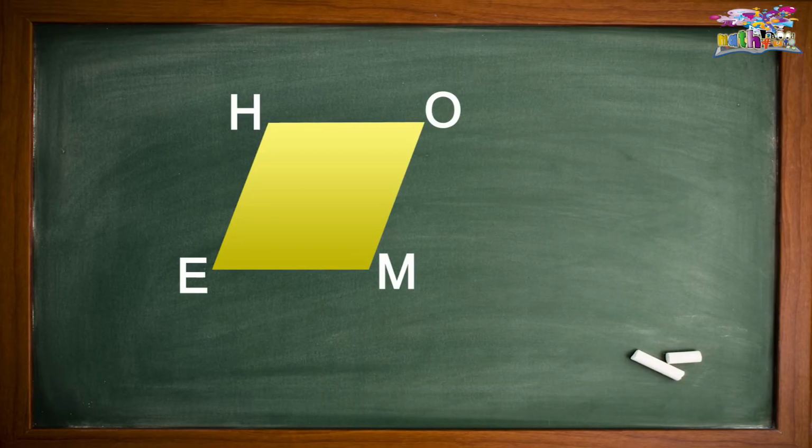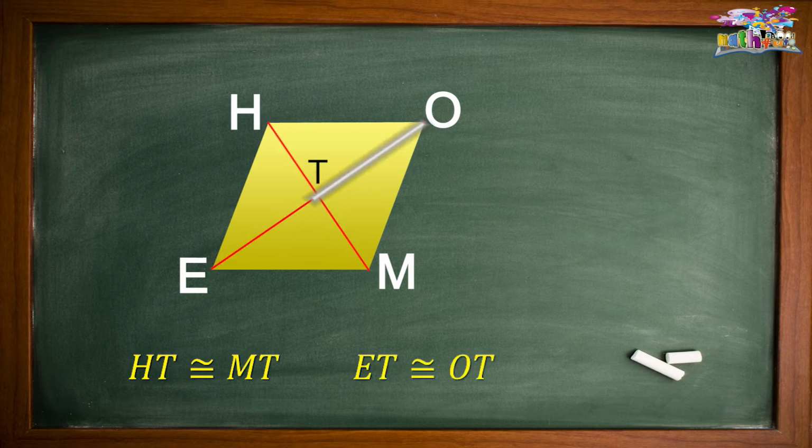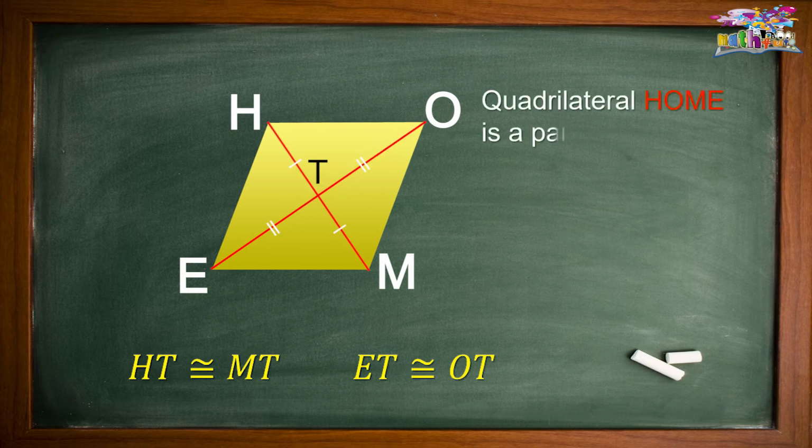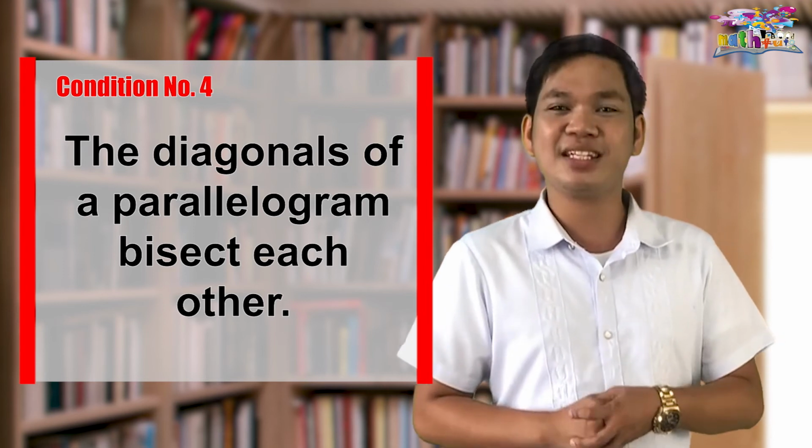For example, if in quadrilateral HOME, diagonals HM and OE intersect at point T, and if HT is congruent to MT and ET is congruent to OT at the same time, then quadrilateral HOME is a parallelogram. Again, the diagonals of a parallelogram bisect each other.